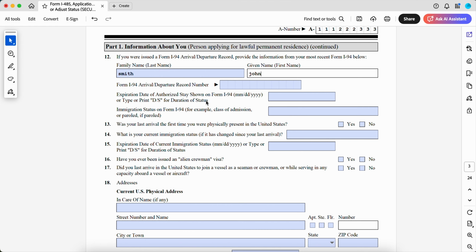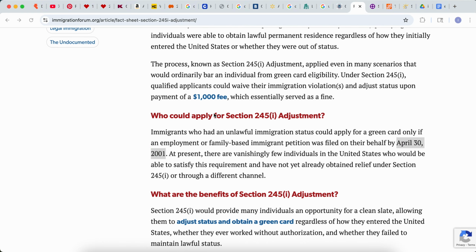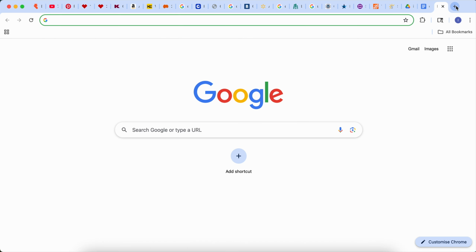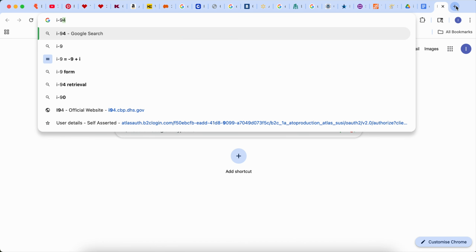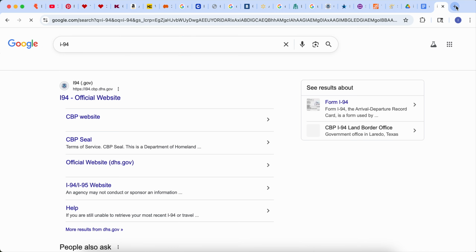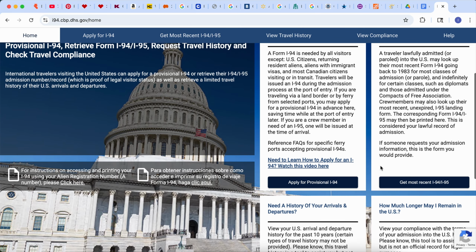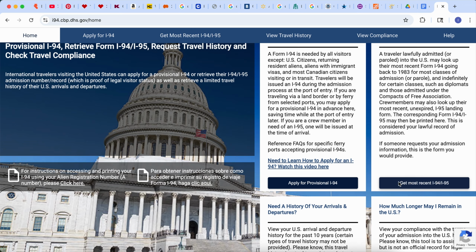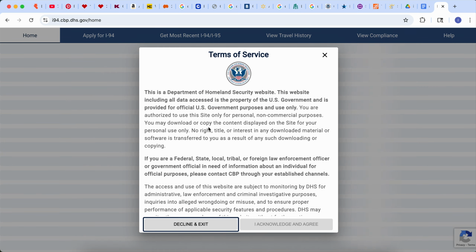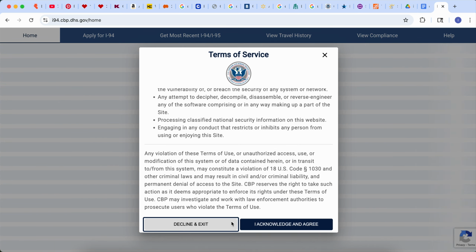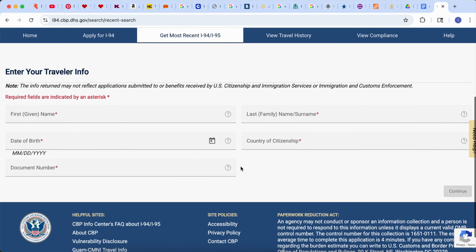How you find it: you just Google I-94, and here you have the I-94 official website. Then you go to get most recent I-94, and there you will have it. Just go through all this and enter your name and the document number, your passport number that you went to the US with, and then you press continue, and then you will have all the information.